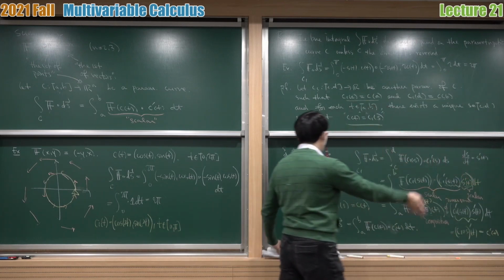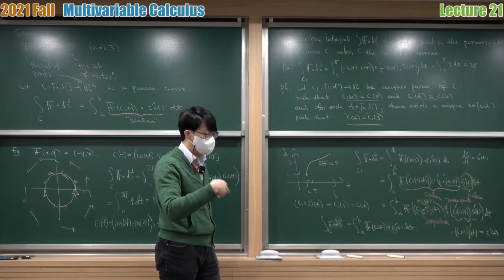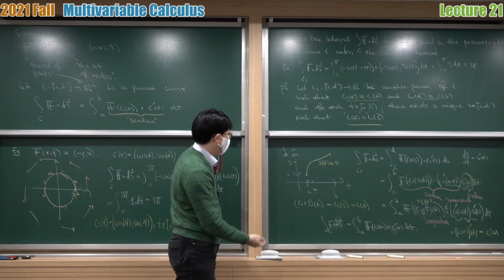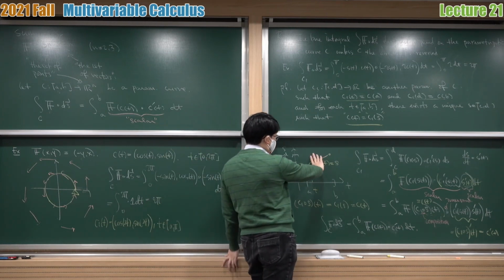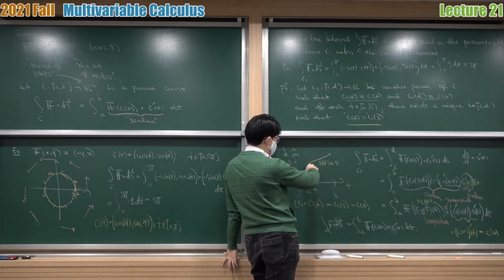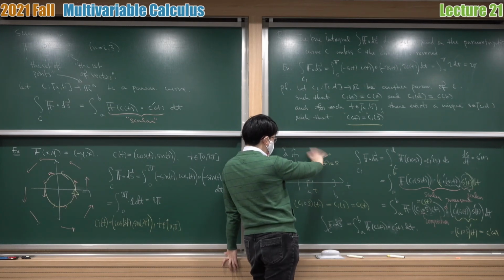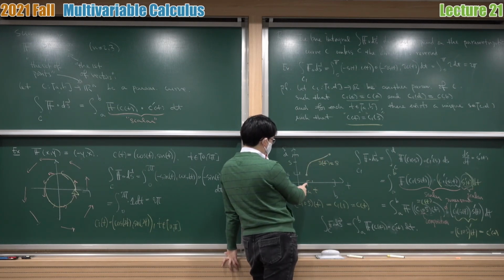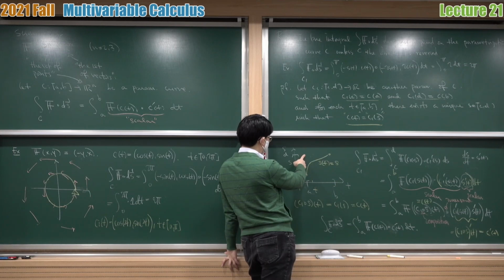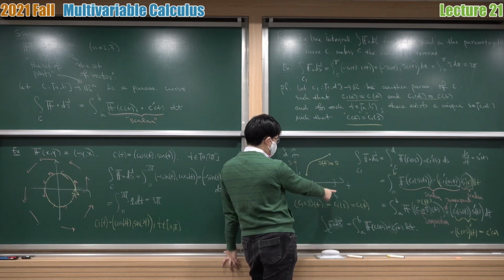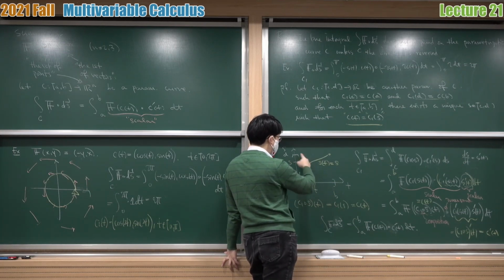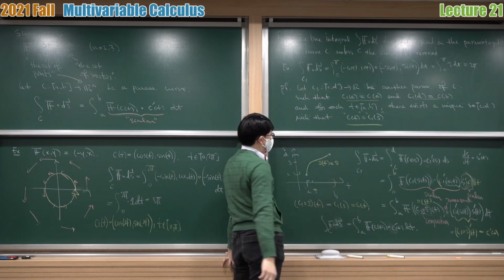So if you had reversed the direction of parameterization, then you are switching the slope the opposite way. So when t equals a, s equals d, and when t equals b, s equals c. So we have a decreasing function s.